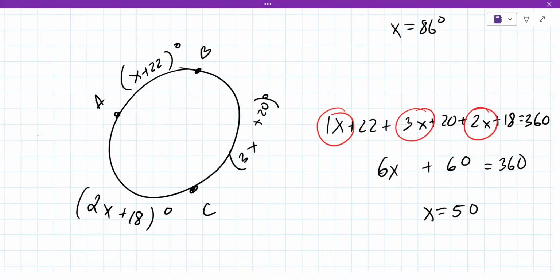Do you understand what I'm asking? Put X into one of those. All three, actually. Okay.